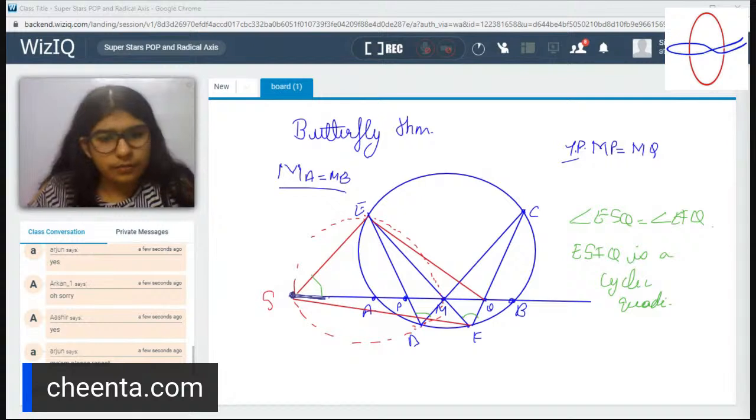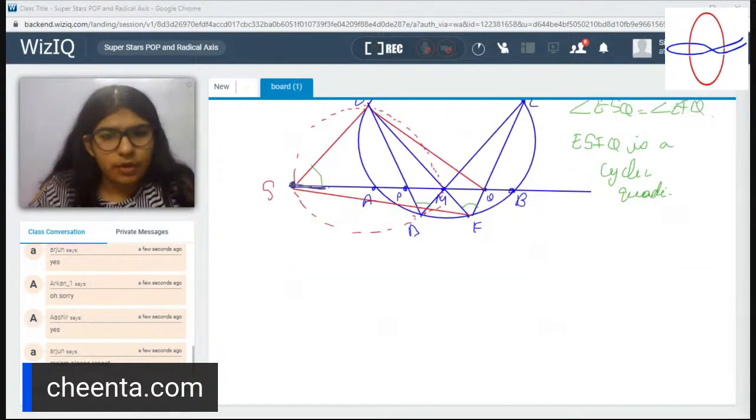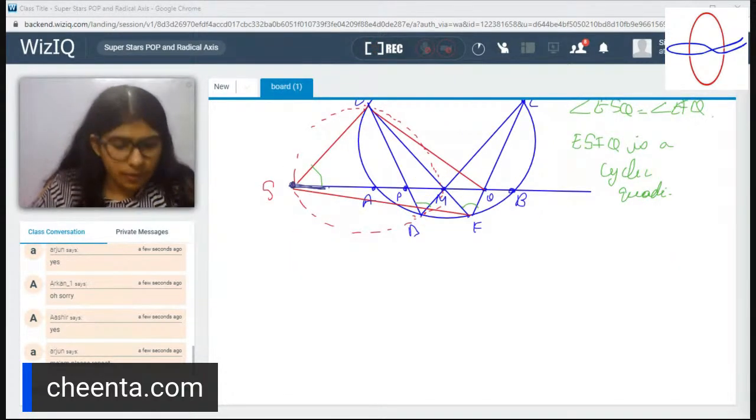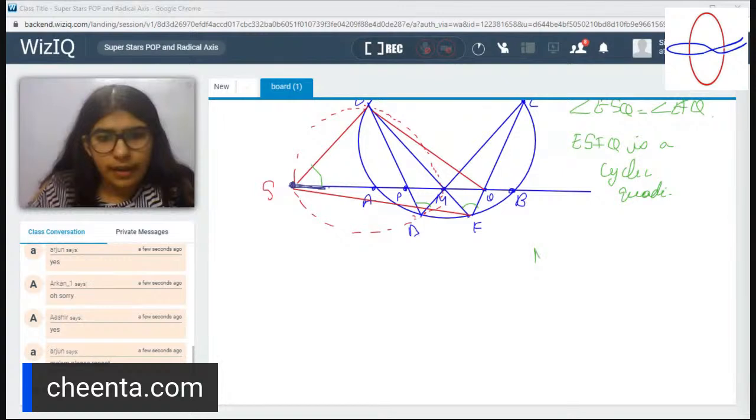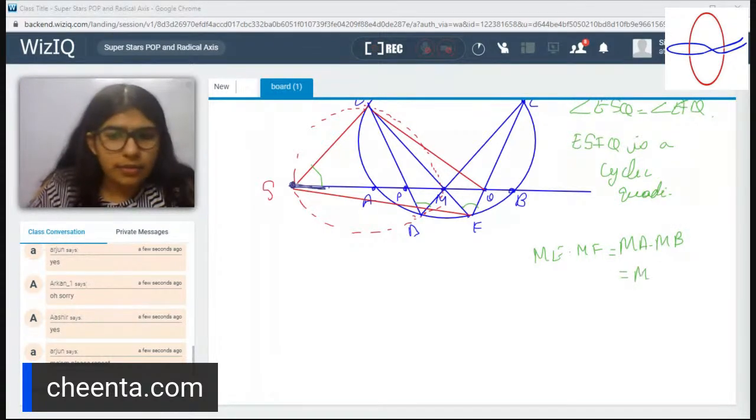So now you see power of a point. Okay, so you have that ME into MF equals MA into MB. That is also MA squared, right? Because M is the midpoint of it.